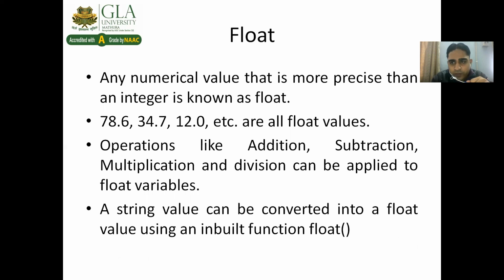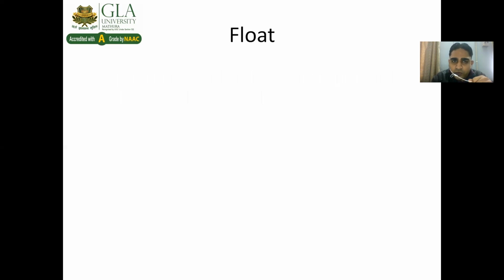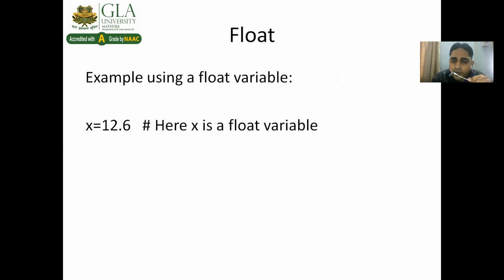A string value can be converted into a float by using the inbuilt function float, so you can go for that as well. For example, I'm writing x equal to 12.6. Here, because 12.6 is a float literal, and I'm assigning that particular value to variable x, the data type of x is going to be float.